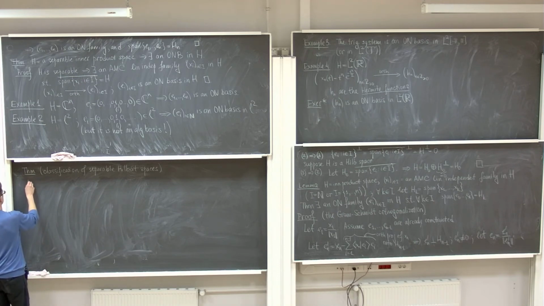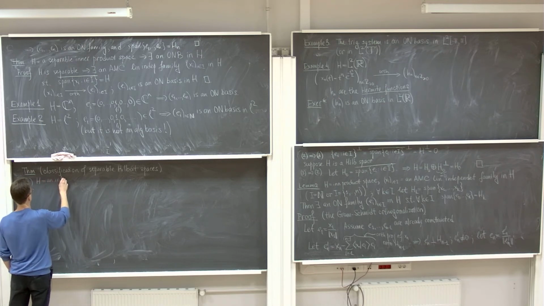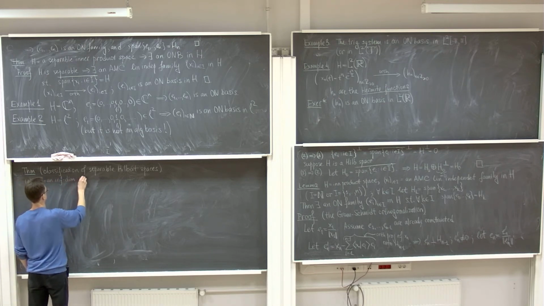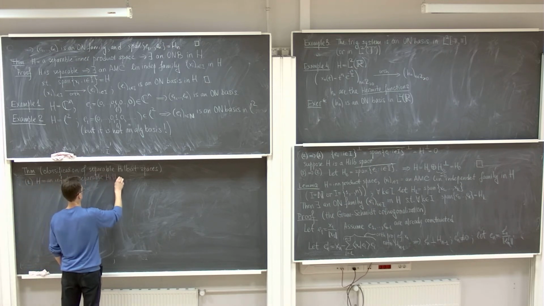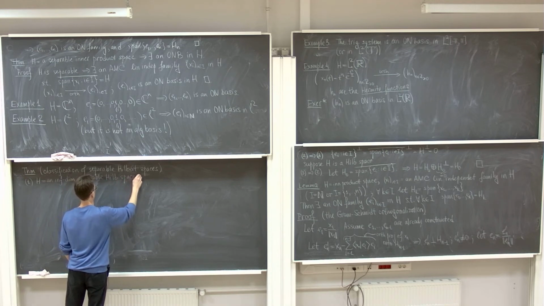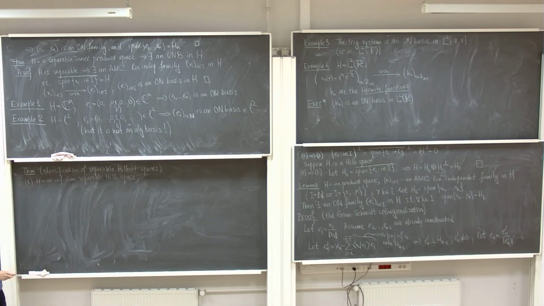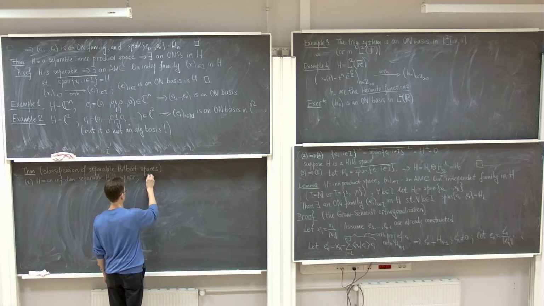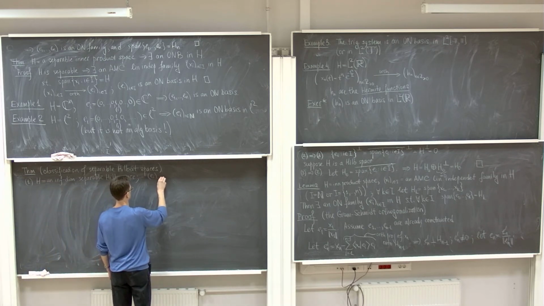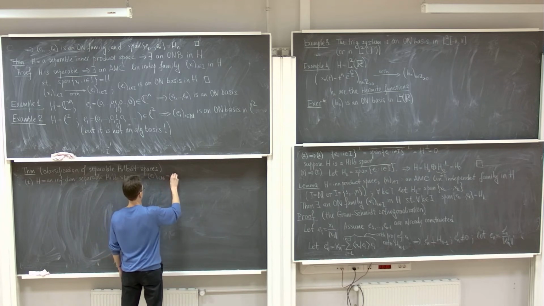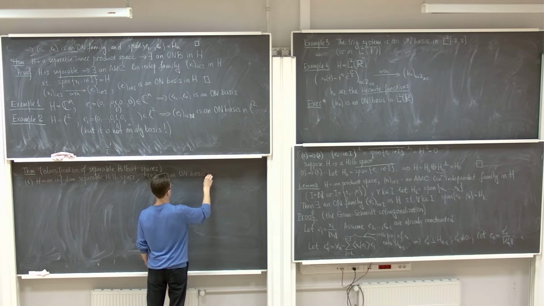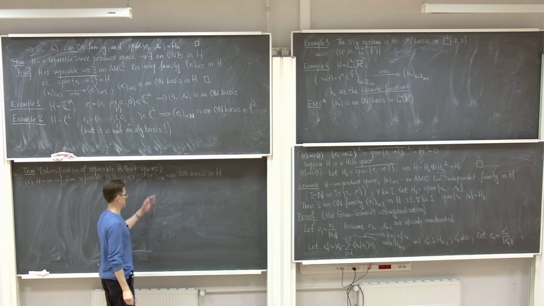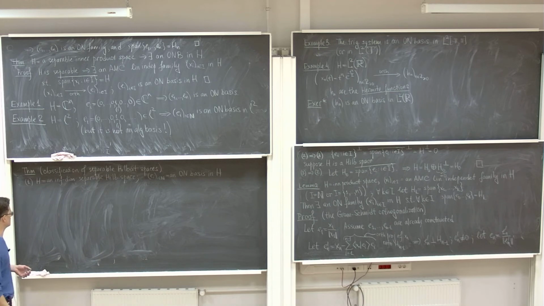So case 1, suppose that H is an infinite dimensional separable Hilbert space. We choose an orthonormal basis, e_i, in H, which is strictly countable because H is assumed to be infinite dimensional.